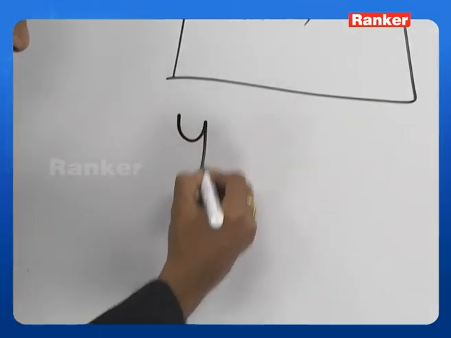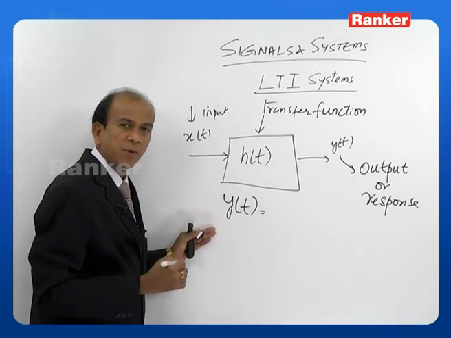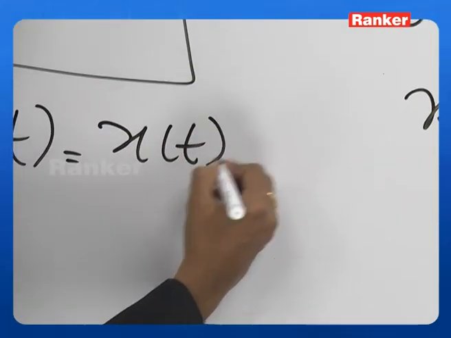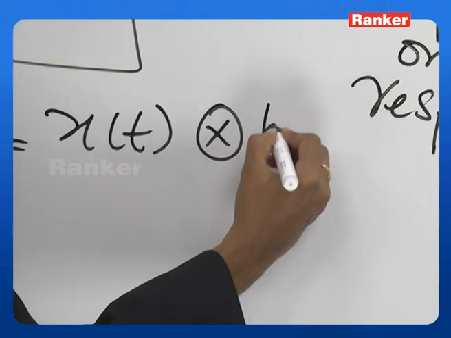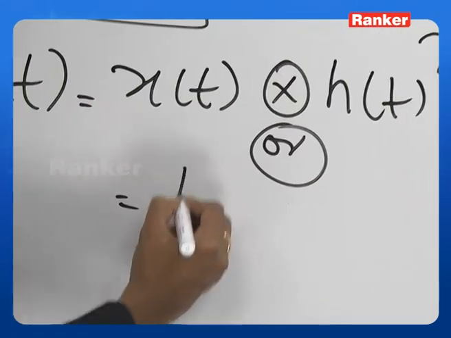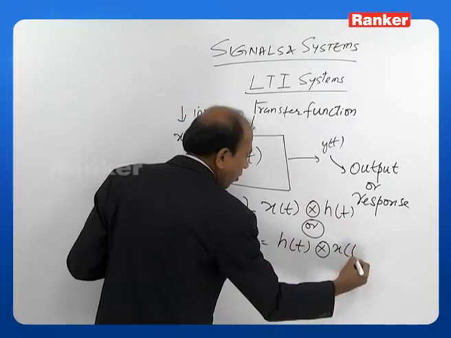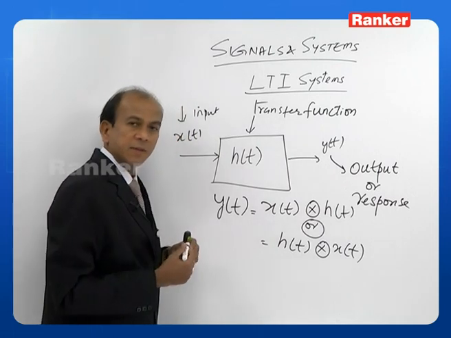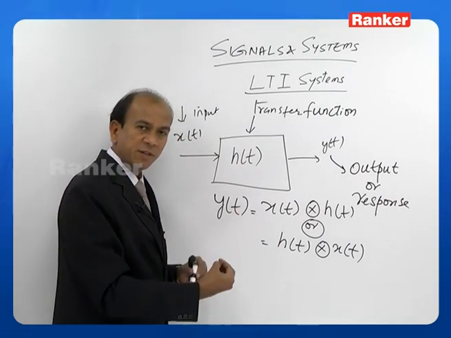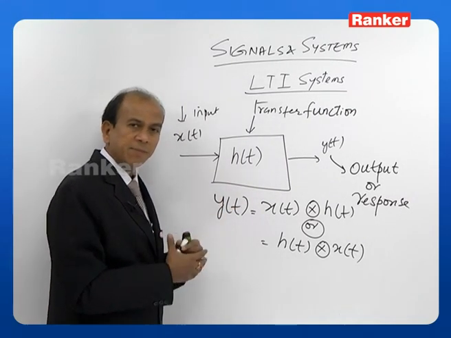The response of such a system is generally given by the convolution of the input and the transfer function of the system. That is, it is x of t convolved with h of t, or I can also write this as h of t convolved with x of t. That means, if I convolve the input with the transfer function, or vice versa, what I will get is my output.